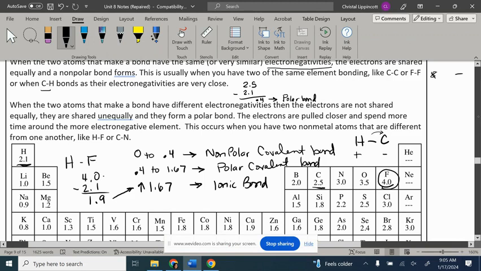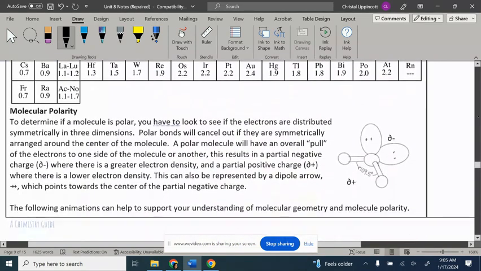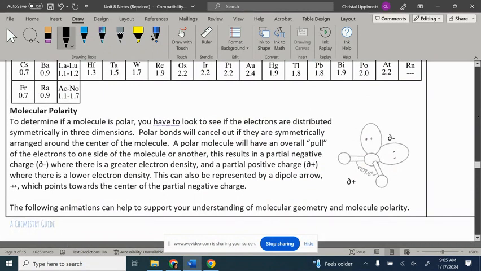All right. Now, that has to do with bonds, so you can look at these bonds and see that. But there's another factor that comes into play, and that deals with the molecule itself.